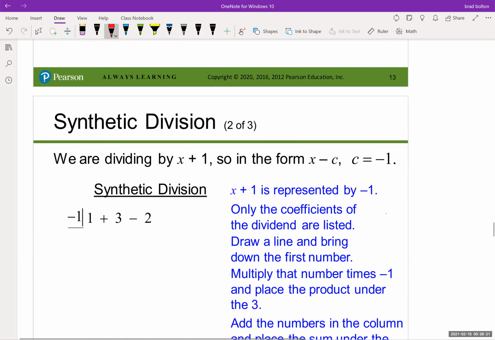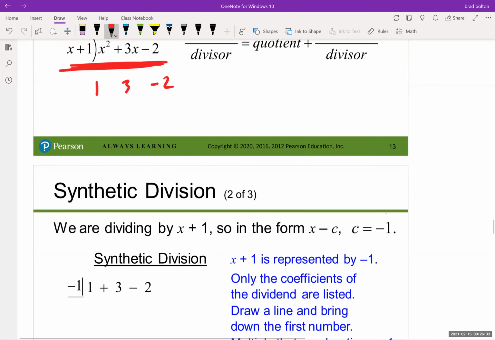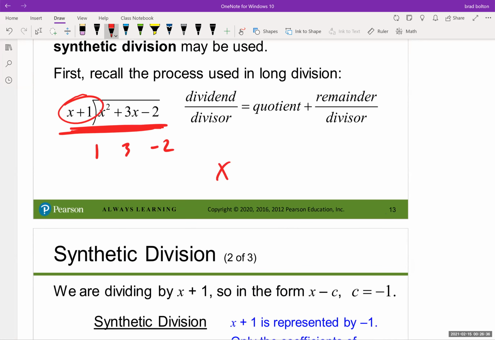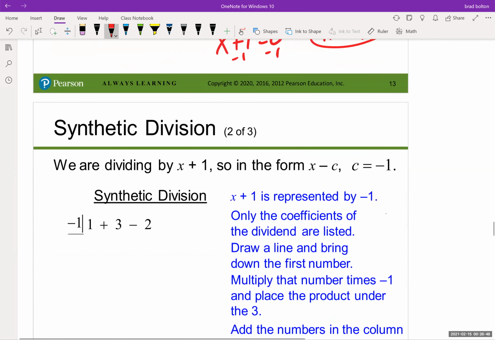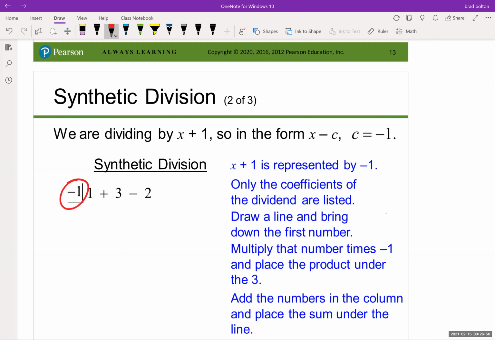That's why you see a 1, a 3, and a -2. Then you put this little box right here. And this -1 comes from solving x plus 1: we set x plus 1 equal to 0, subtract 1, and we get x equals -1. This is what we're dividing out, what we're using for our synthetic division. So we're going to put a -1 right here.